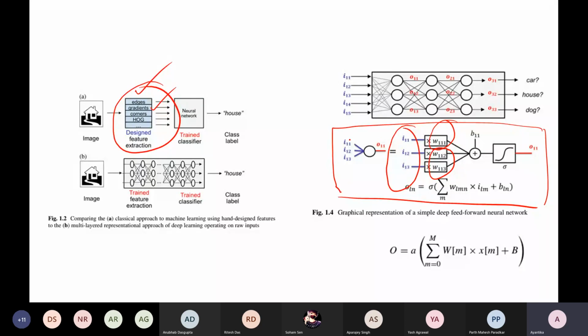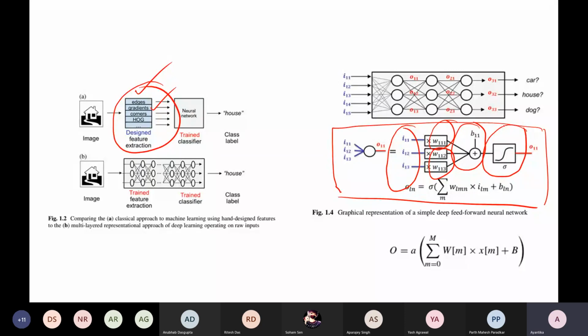On top of that, you apply some bias, and then pass that output to some activation function. This way it forms your feed forward path.